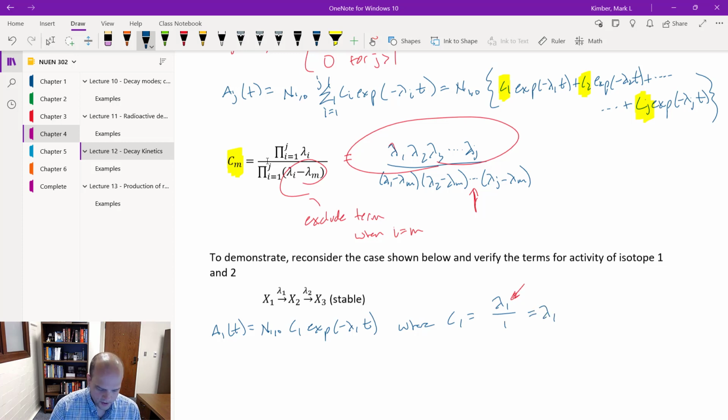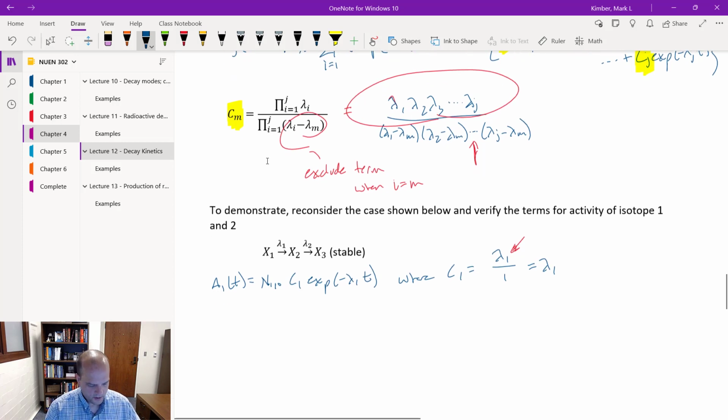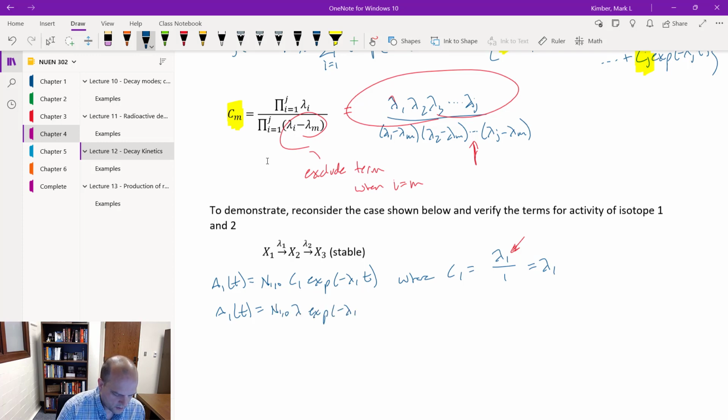And so this is lambda 1, and my activity for isotope number 1 is the following expression. Hopefully we recognize this, we've done this enough times to know that that is the exact expression that we would expect for the activity of isotope 1.